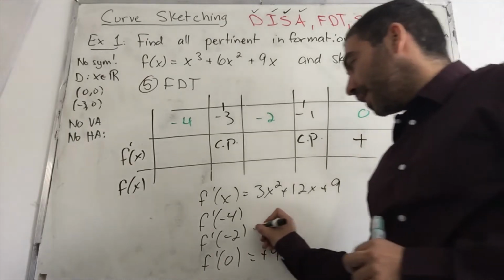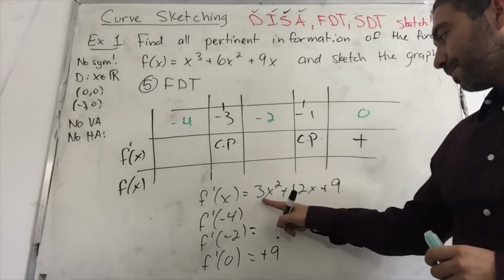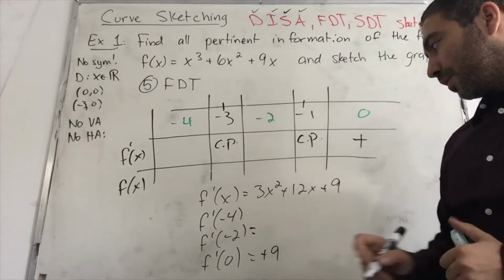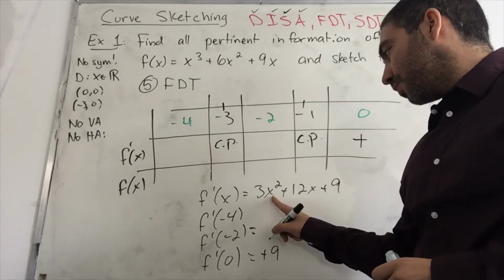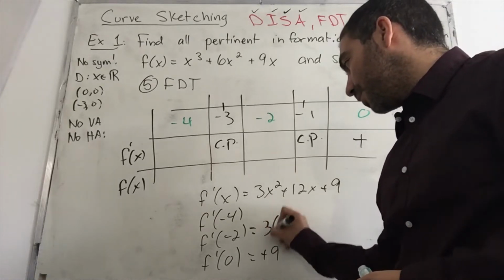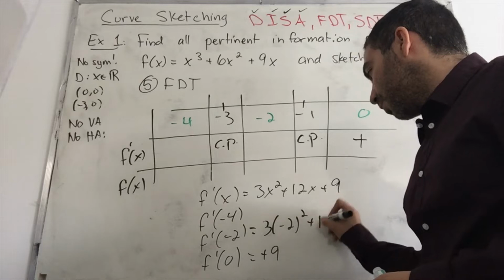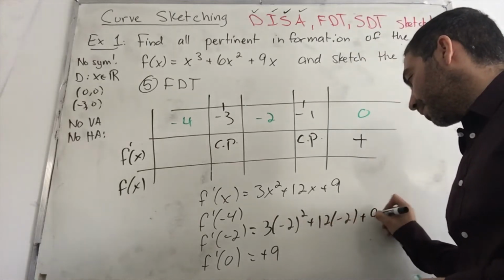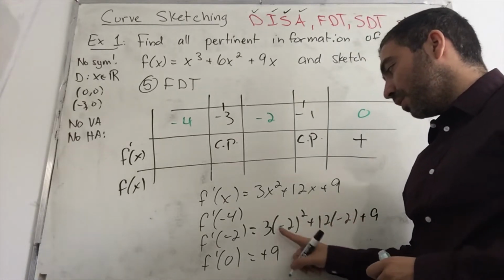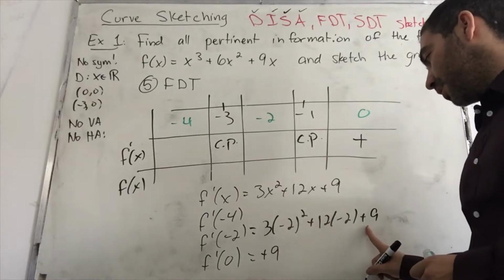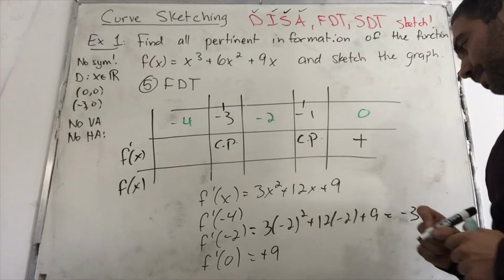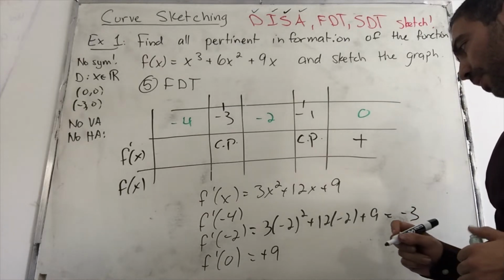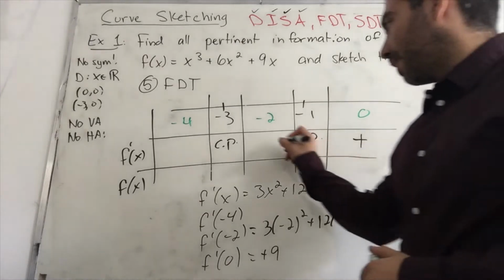When we plug in -2, what do we get? 3 times -2 squared plus 12 times -2 plus 9. This is 4, 12, and this is 9. So here we're going to get -3. We get a negative value, and that's what matters.